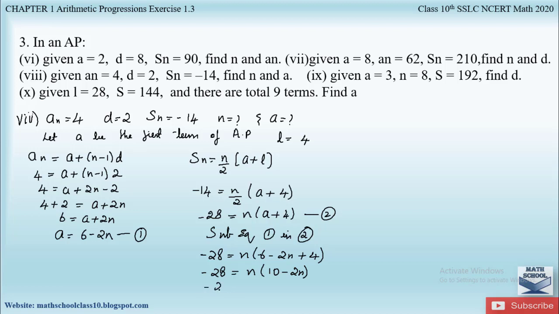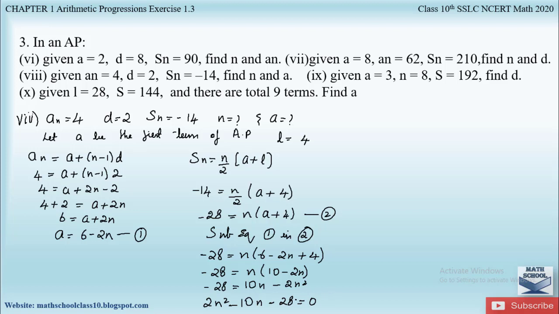Now let us open the bracket. So we will get 10n minus 2n square, or if we send this 2n square and 10n to the left hand side, we will get 2n square minus 10n minus 28 is equal to 0.